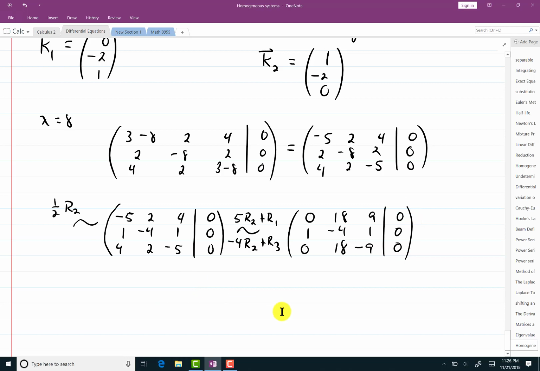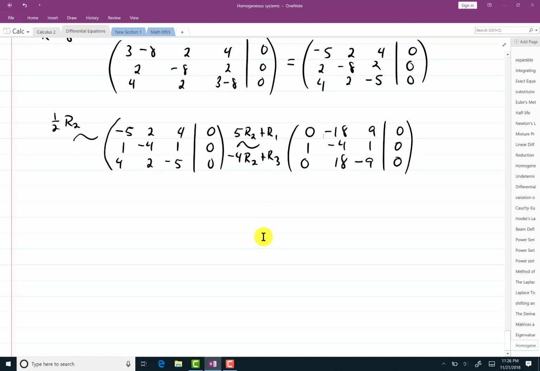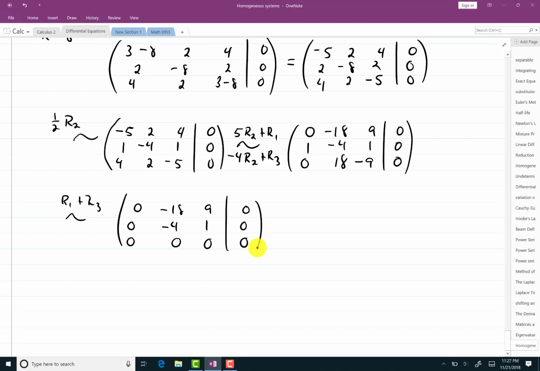Before I continue, let me fix one error that I have right there. Now, if I add rows 1 and 3, I'll get 0, negative 18, 9, 0, 0, negative 4, 1, 0, 0, 0, 0, 0, and then I forgot the 1.